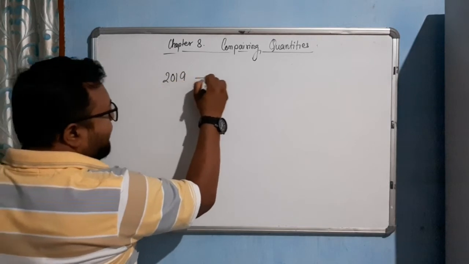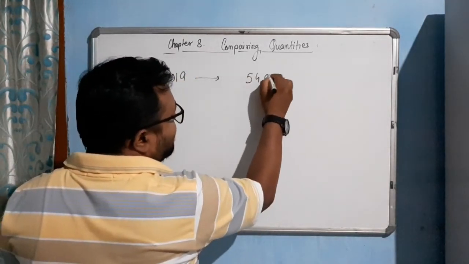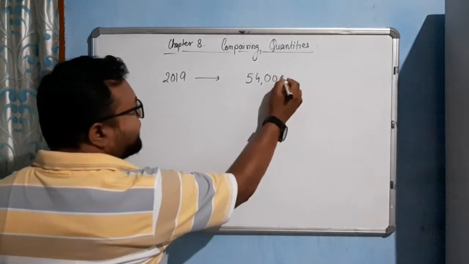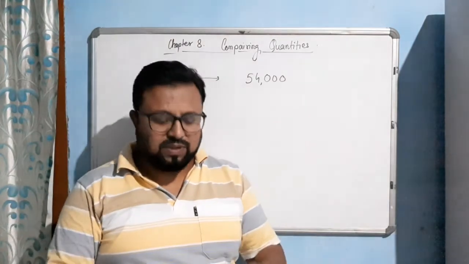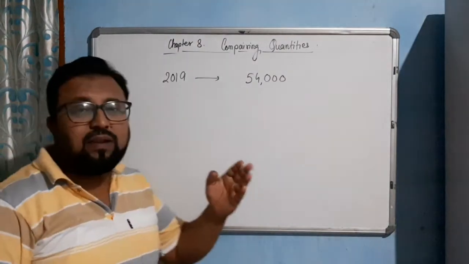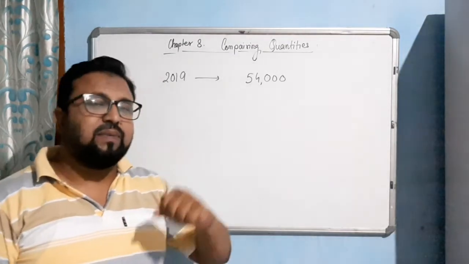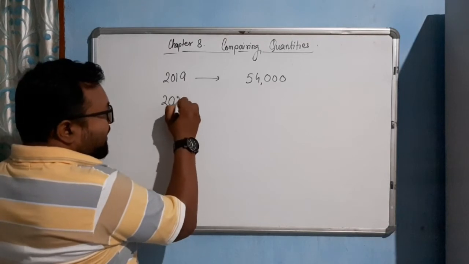In 2019, the price of the scooty was, suppose, 54,000. And due to high prices, the cost rises because of so many conditions. So suppose the price increased by 10%, or you can say 20%. So what will be the new price in this year 2020?